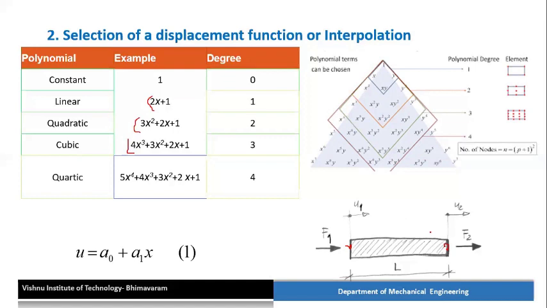Here a0 and a1 are the constants. So these a0 and a1 are found out by substituting the boundary conditions of this element. This is the selection of interpolation function for the particular element.